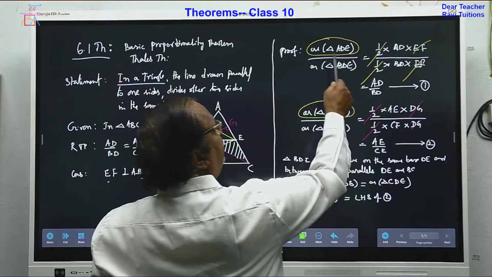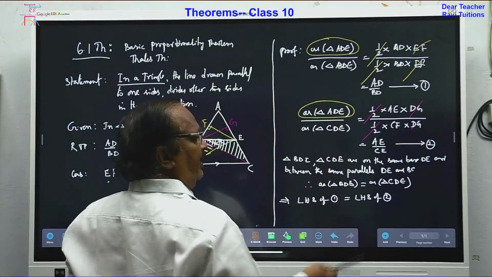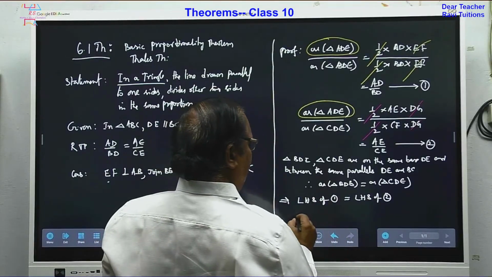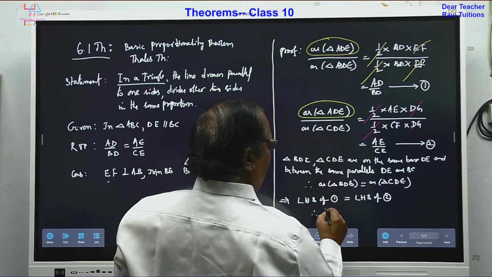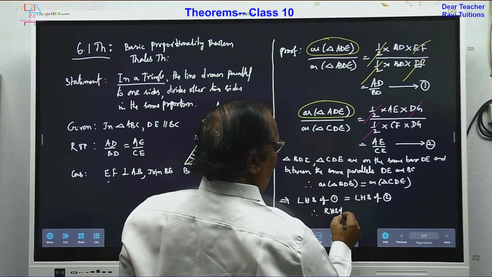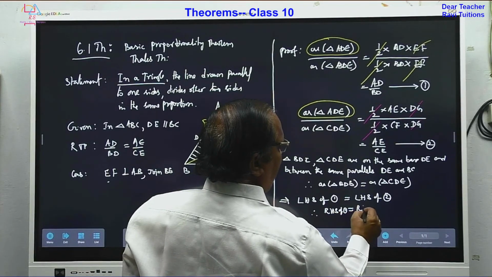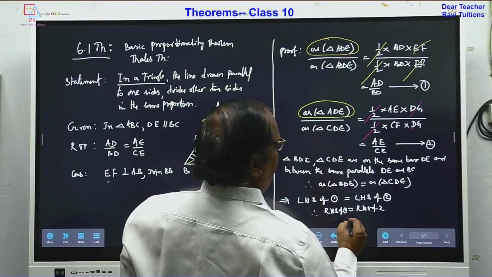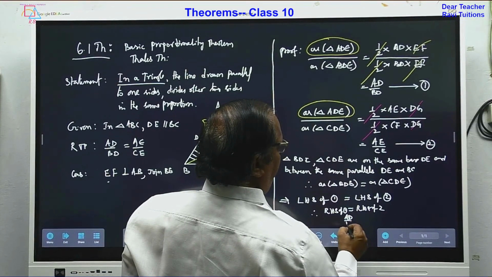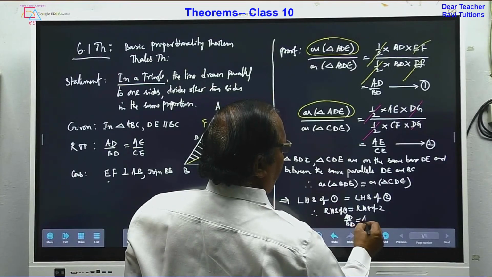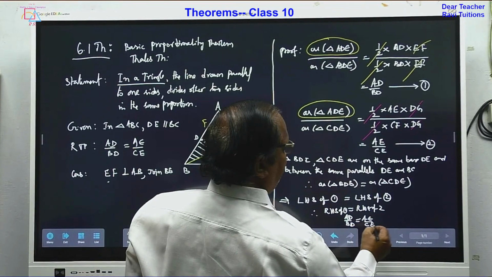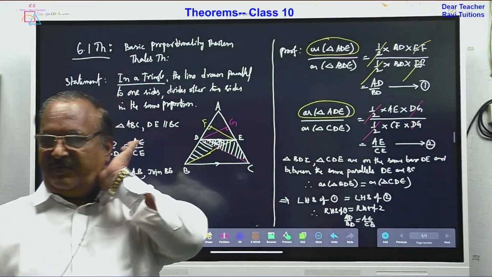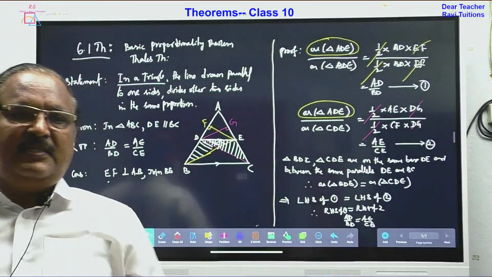LHS of 1 is this AD by BDE, and LHS of 2 is AD by CDE. They are equal. Therefore, RHS of 1 is equal to RHS of 2. That is nothing but AD by BD is equal to AE by CE. This is the proof of basic proportionality theorem.